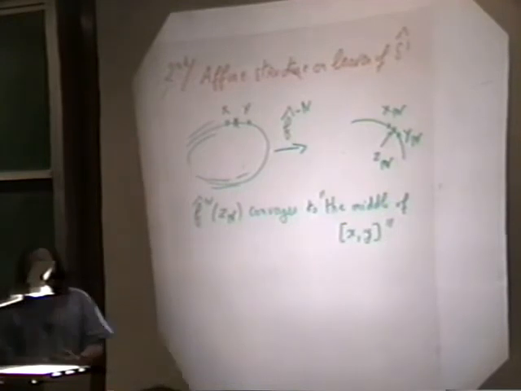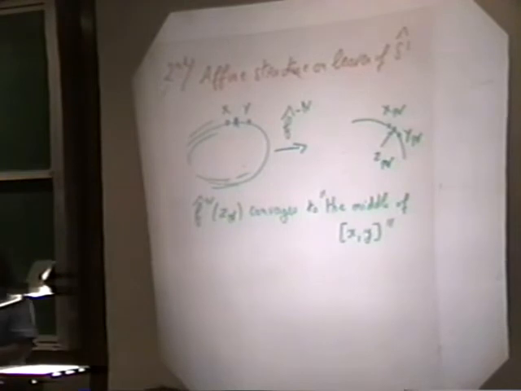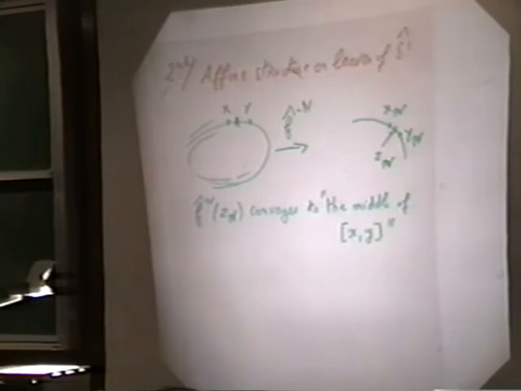And the way of doing it is this. You take your 2 points x and y on the same green line. You take the image of these 2 points by the inverse, by f hat to the minus n. This makes sense because this is a homeomorphism. You get 2 points that are denoted by xn and yn, which are now very, very close together because the map was expanding, so the inverse is contracting.